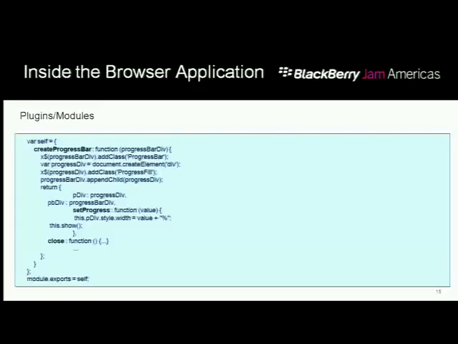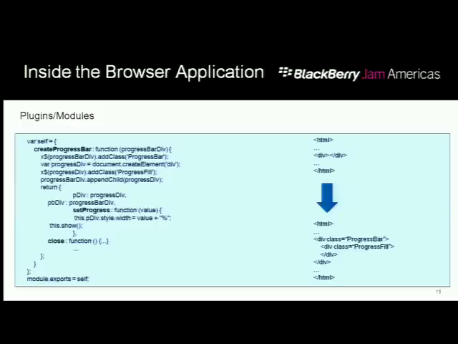Inside our HTML, we'll place a div, which is basically a placeholder. And then in the JavaScript, we can call create progress bar. You pass it that div, and you can see on the first line here, what we do is add a class to it, which is just CSS, and restyles that to make it look like a progress bar. And then it will create a couple of other elements underneath it to actually implement the functionality.